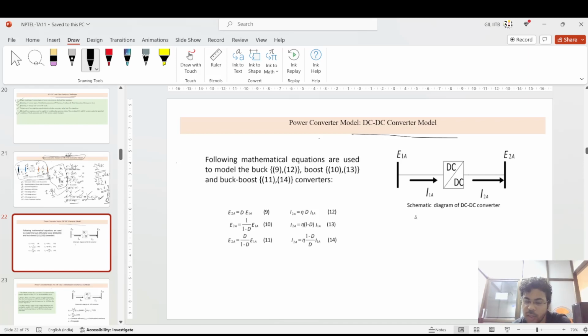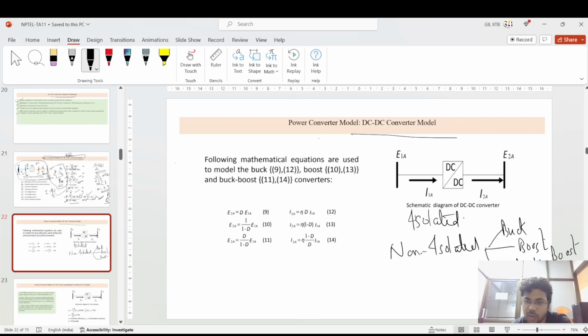Second is the DC-DC converter model. You have multiple types of DC-DC converters: isolated is one of them, and non-isolated is another. For non-isolated, you have already studied the buck converter, boost converter, or buck-boost converter. Multiple types of converters are there.